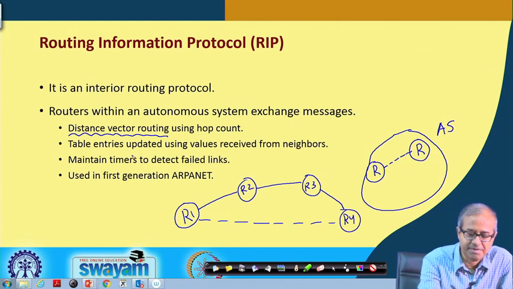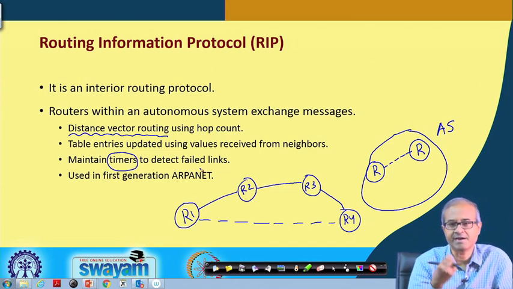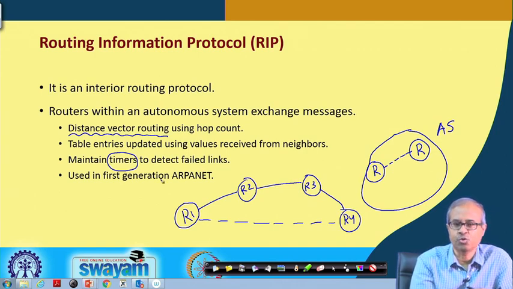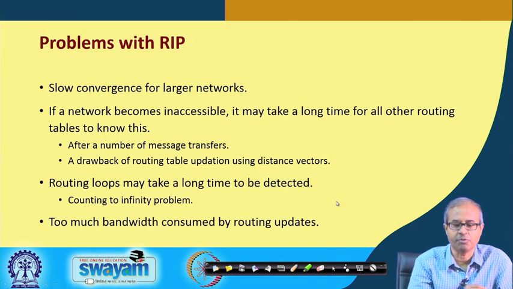And some timers are used to detect link failures. If for some packet you are sending, you do not get an acknowledgement within a certain amount of time, then you may assume that the link has failed. This was used in older networks, but presently RIP is very rarely used, because RIP has some drawbacks.